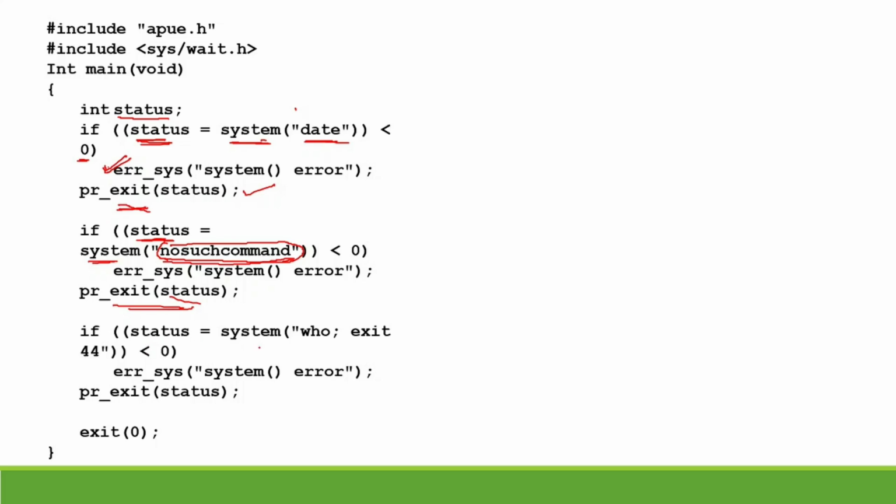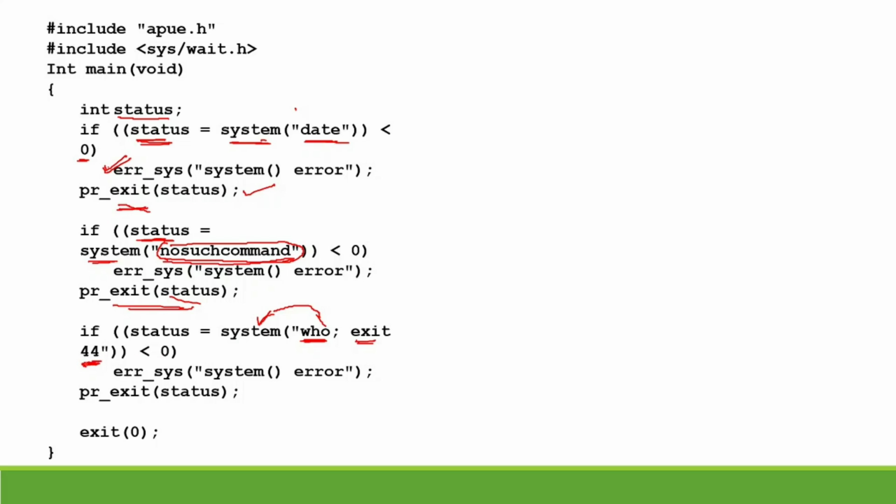The last one here: the who command is passed as an argument to system, and after that exit 44 is passed. So what will this do? This will execute the who command, and it will exit with the value 44.